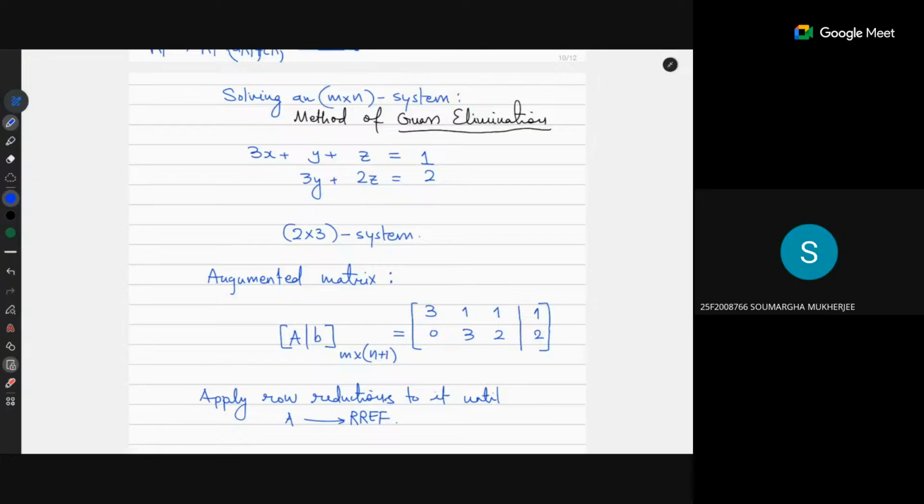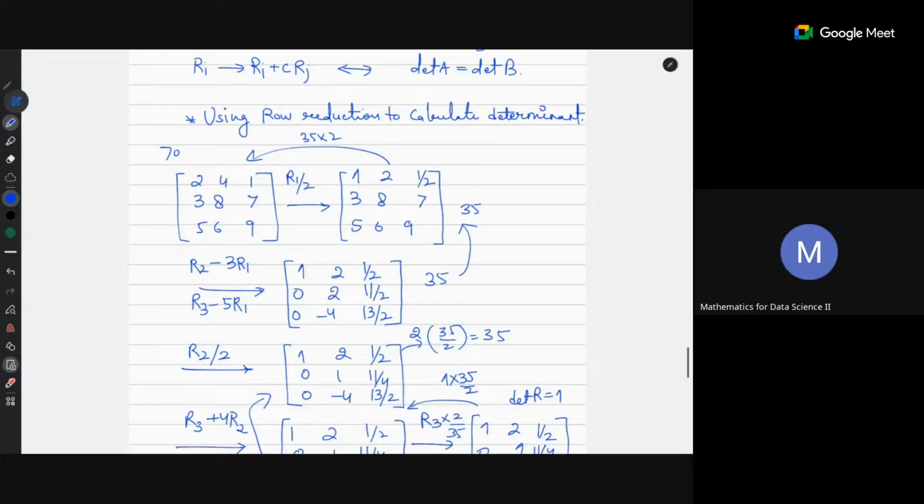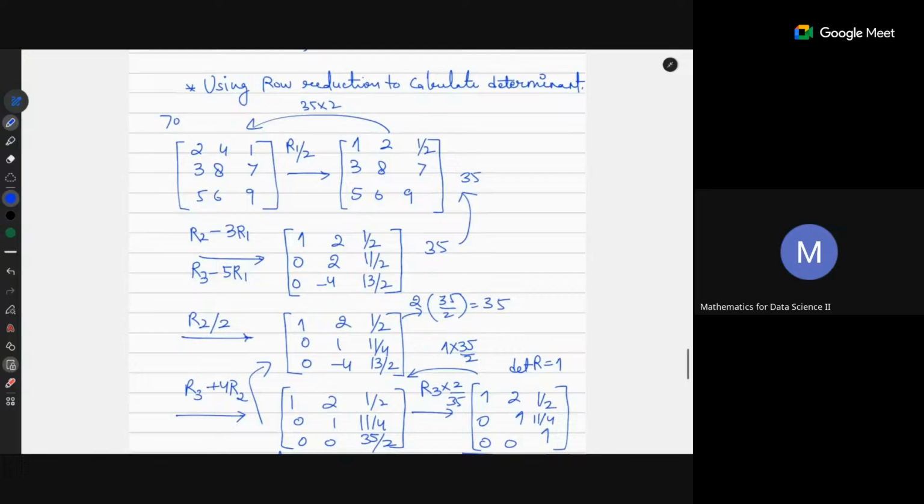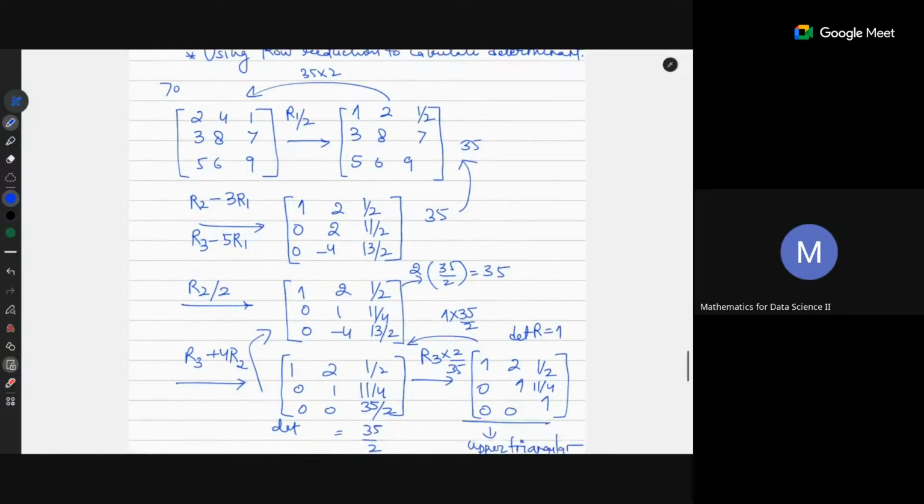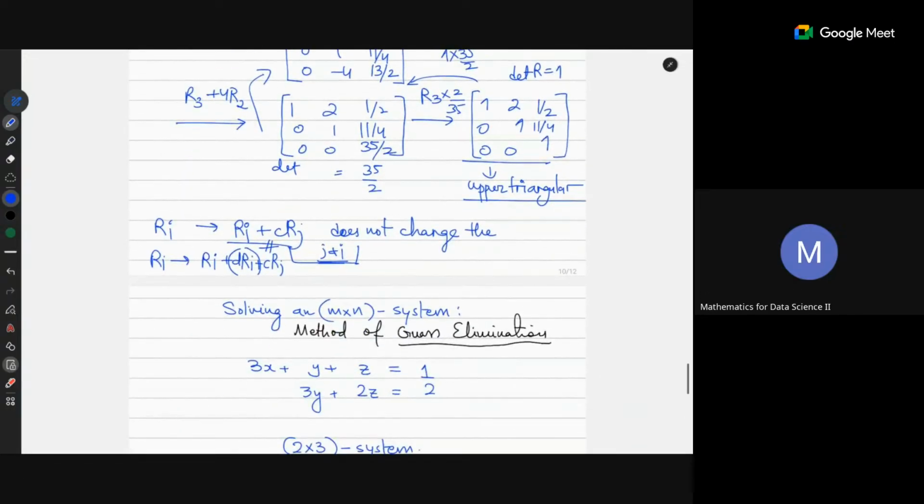So the determinant of the original matrix is 70. You can also check by calculating the determinant over here, but let's leave it to you.